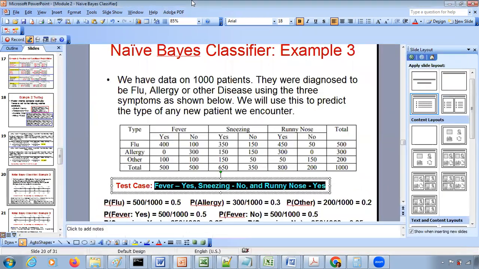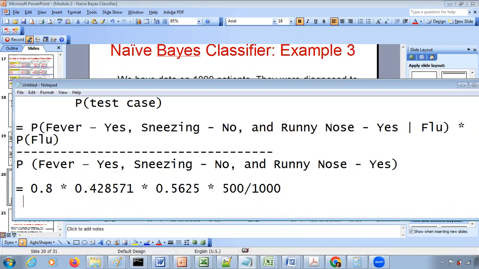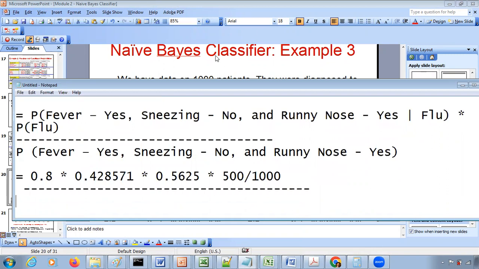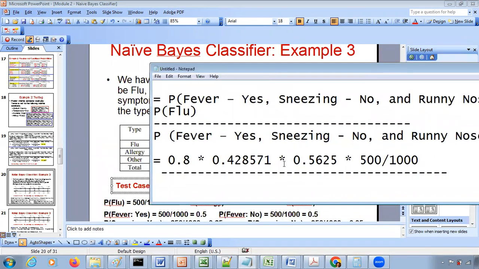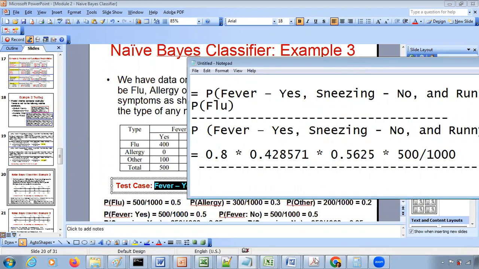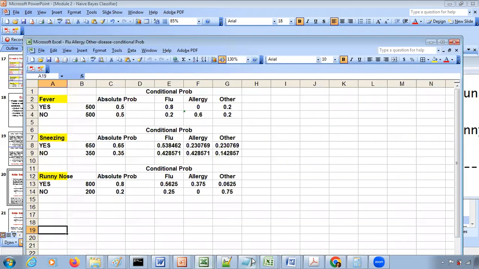In the given data set, out of the 1000, 500 had flu, so 500 over 1000 is the unconditional or absolute probability for someone to have flu. Now the denominator are all going to be absolute probabilities: probability of fever equals yes, times probability of sneezing equals no, times probability of runny nose equals yes.